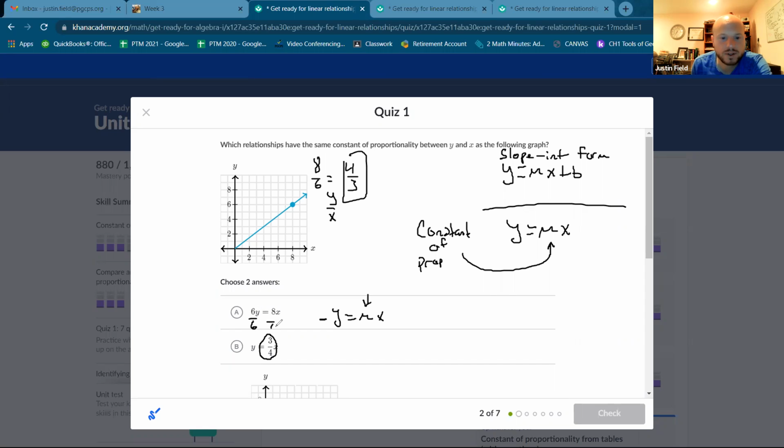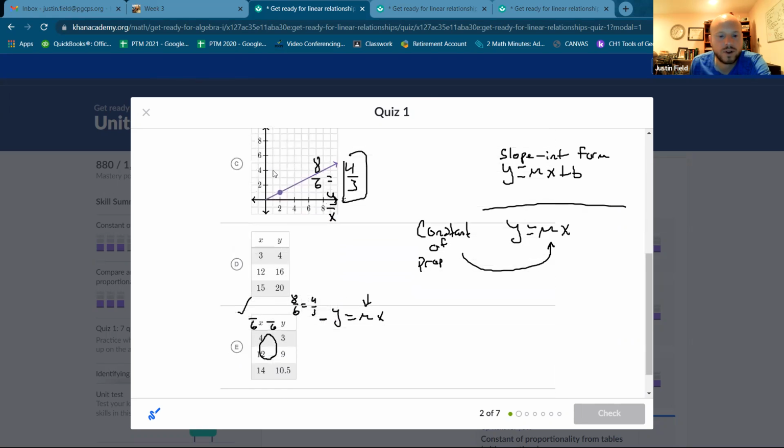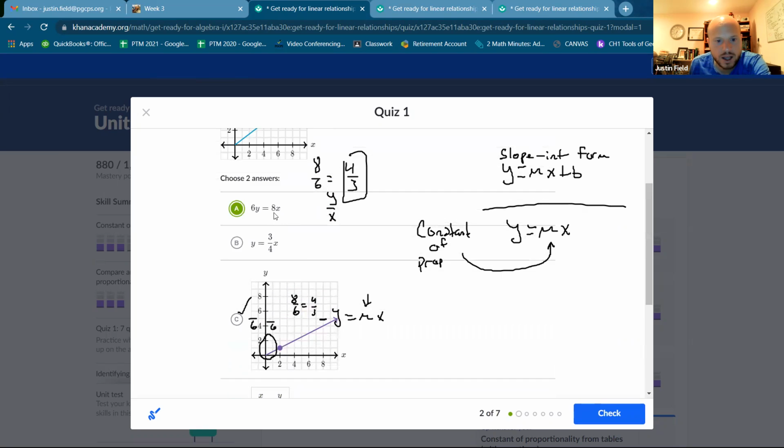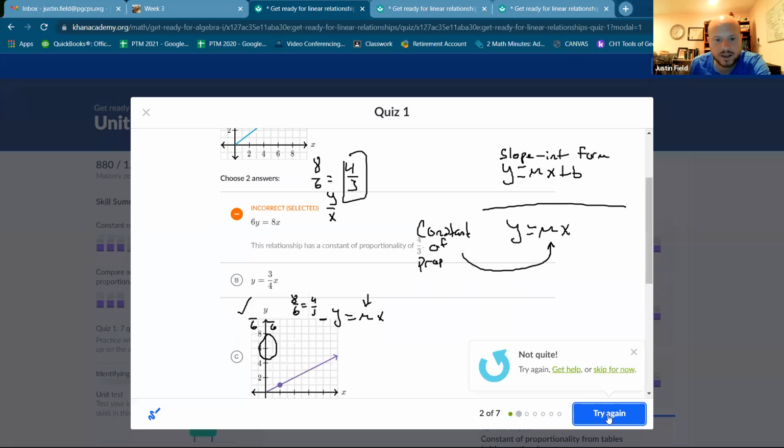Here I have to divide both sides by 6, so I get 8 over 6 or 4/3. Okay, so we already got one. So we want 4/3. Okay, so this is 2, 1. That's not 4/3. 4/3 right there. And this would be 3/4. So it's A and C.